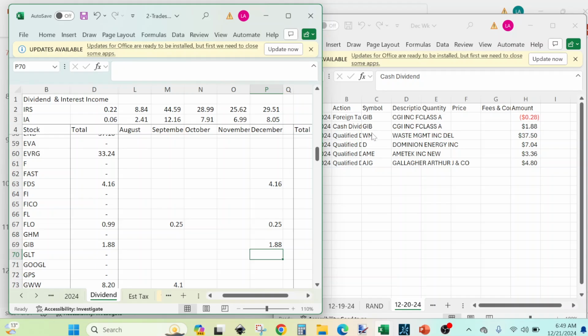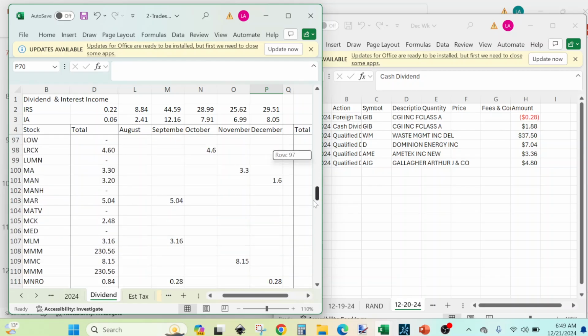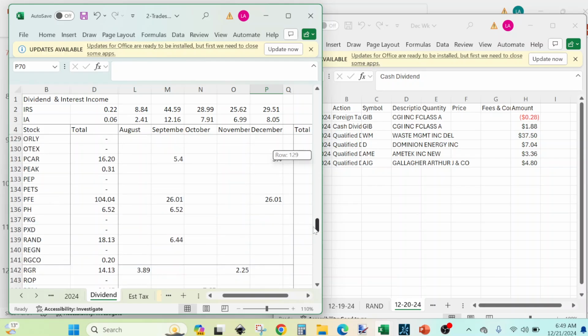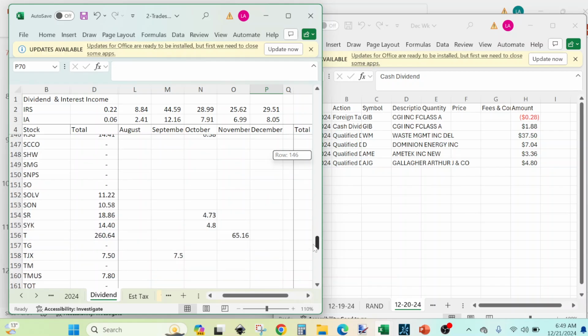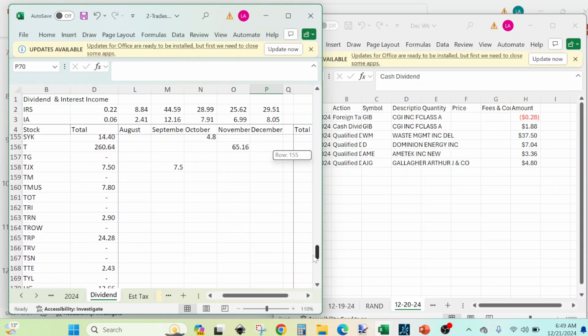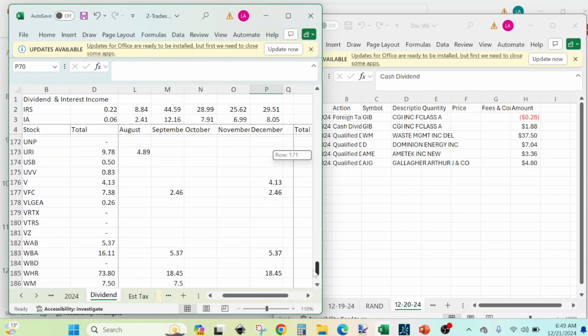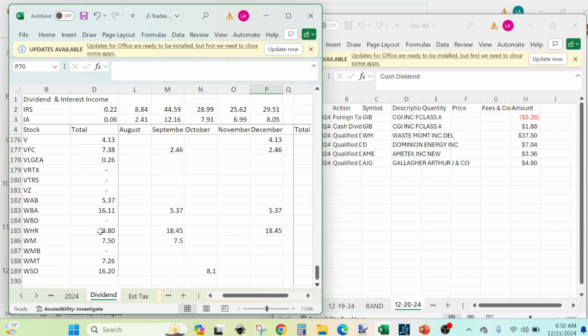The next one is WM. So we'll go way down to the W's. WM, and here we have 37.50.